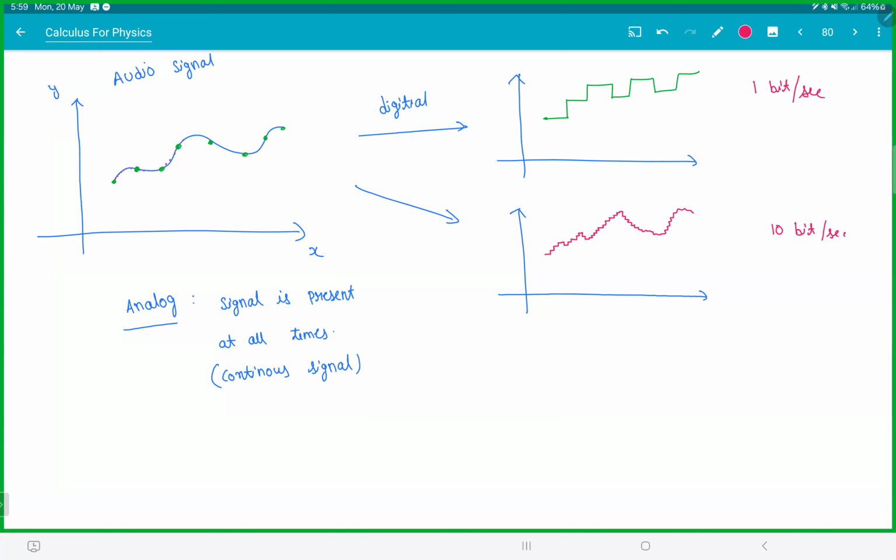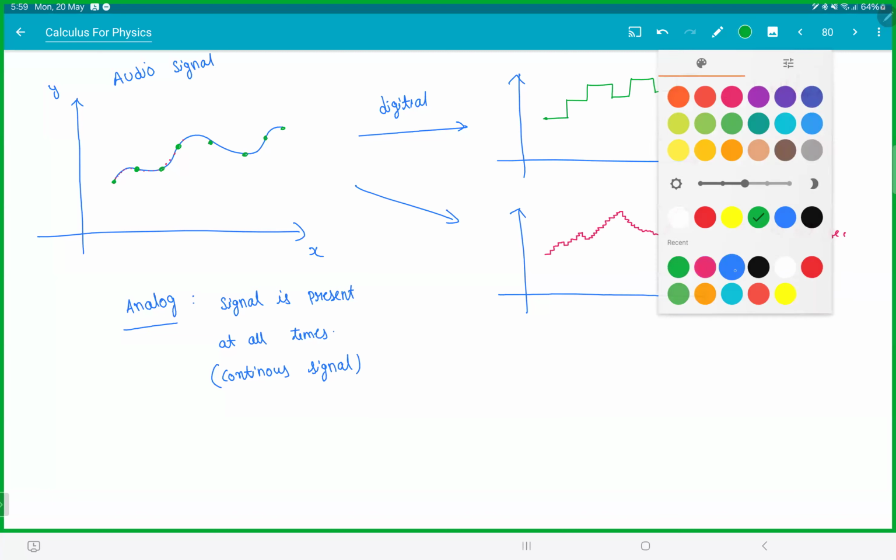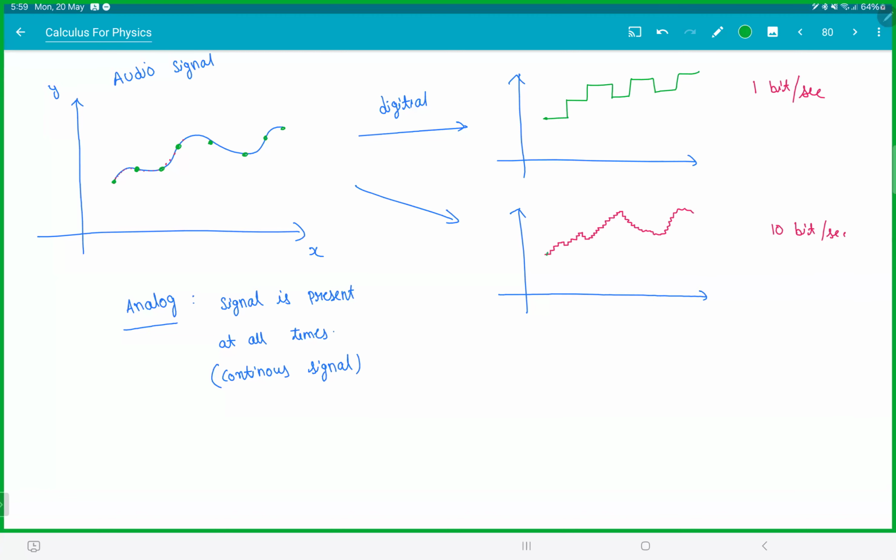You'll see something of this sort. You're getting what is happening? As you make the time intervals thinner and smaller, you will get better information. So when you play this sound, you will hear something like, hi.